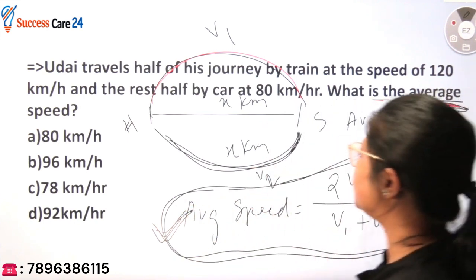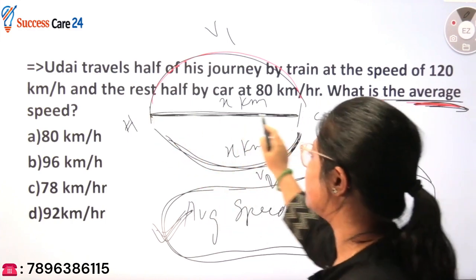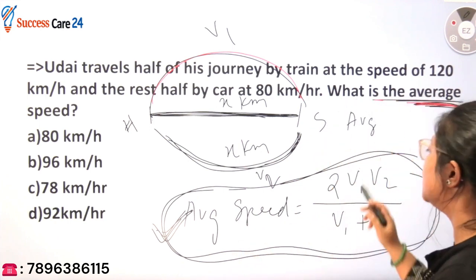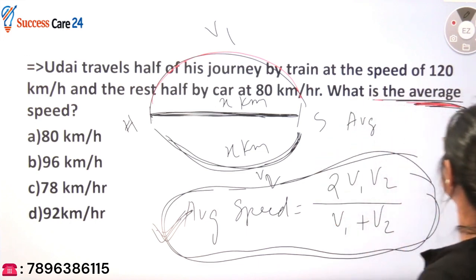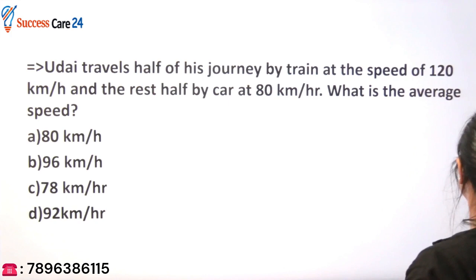So the main thing to remember here is your distance traveled must be the same. When your distance traveled is the same, then you can apply this formula for average speed, twice V1 V2 divided by V1 plus V2.